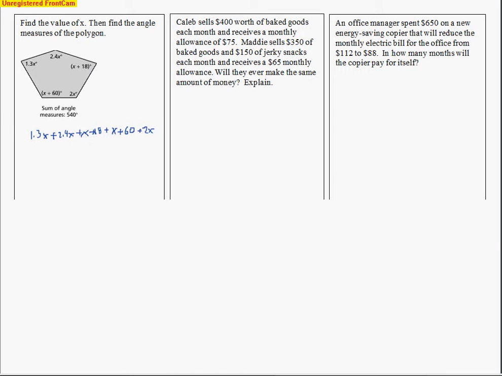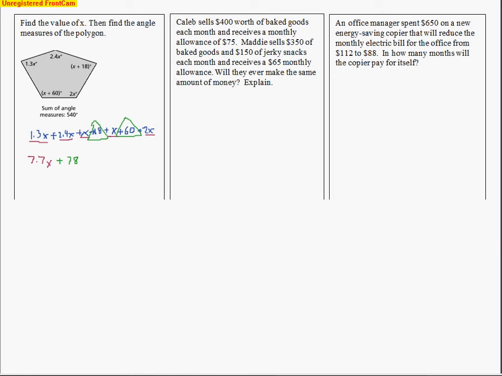So I get to combine some like terms here. I'm going to combine the 1 3/10, the 2 4/10, this x, this x, and this 2x. When I do that all together, that makes 7 7/10 x. Now combine the constants, and it looks like I have an 18 here, and this is 60, so that makes a total of 78.